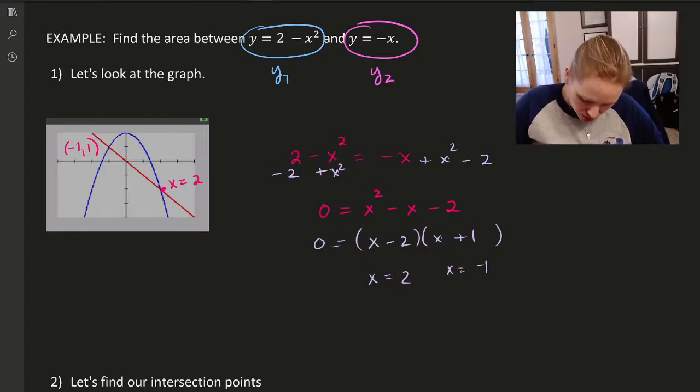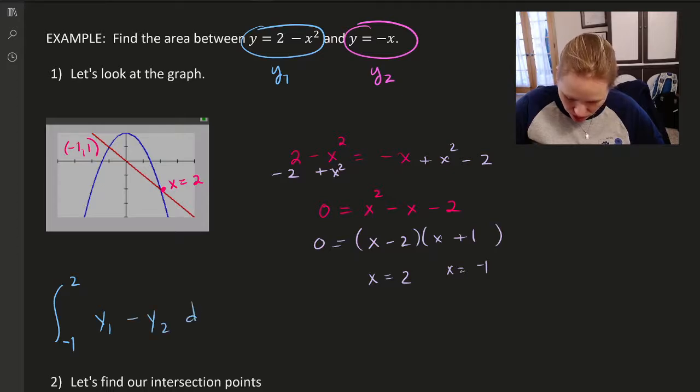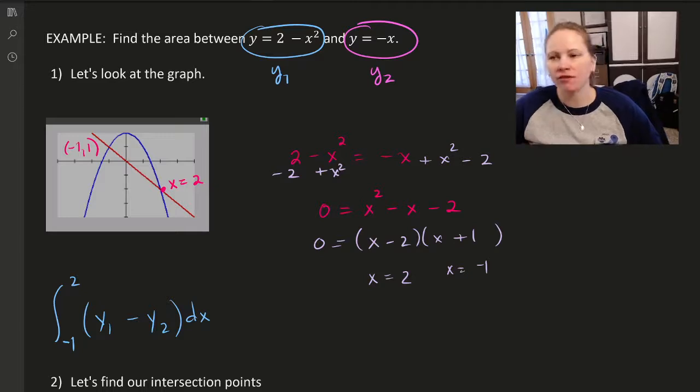So the integral that I'm going to do is from -1, the x coordinate, to 2, of y1 minus y2. Now this would be a sufficient setup if you were using a graphing calculator. This is all you would have to show in order to solve this problem with a calculator, and then you would spit out the answer because you would do the calculations in your calculator. But here I'm actually going to do this by hand.